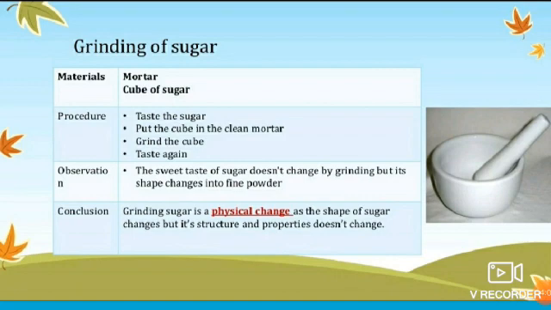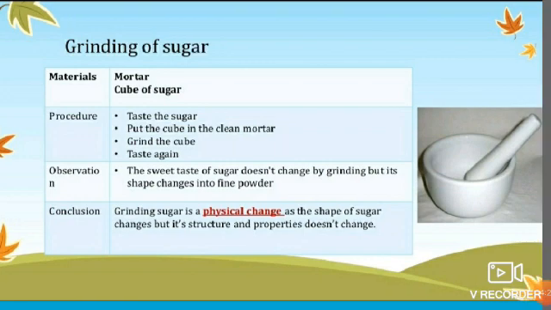Then what will we observe? We observe the sweet taste of sugar does not change by grinding, but its shape changes into fine powder. From this, we conclude that grinding sugar is a physical change as the shape of sugar changes, but its structure and properties do not change.